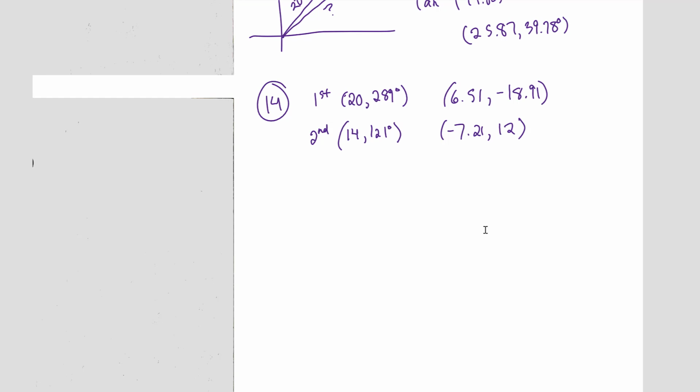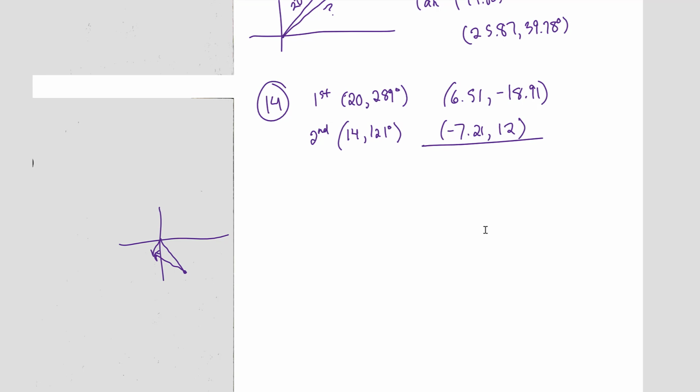So if I'm trying to draw this, I might be better off going, okay, over 6 and down 18 would be something like this, but then I'm going to go left 7 and up 12. So I'm going to go left a little bit more than what I went right, and up 12, not as much as what I went down. So this goes kind of backwards. It looks like we're going to end up in the third quadrant here.